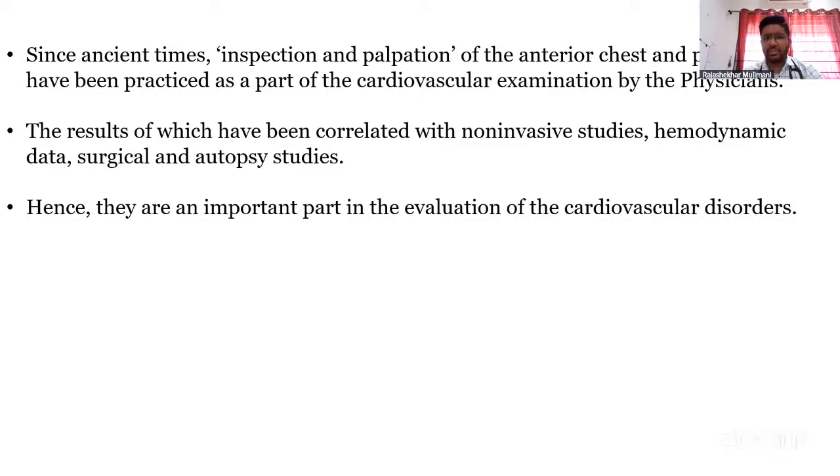Since ancient times, the inspection and palpation of the anterior chest and the precordium has been a very important part of the cardiovascular examination. Remember, only positive palpatory findings will be taken as of very much importance compared to the auscultatory counterparts.